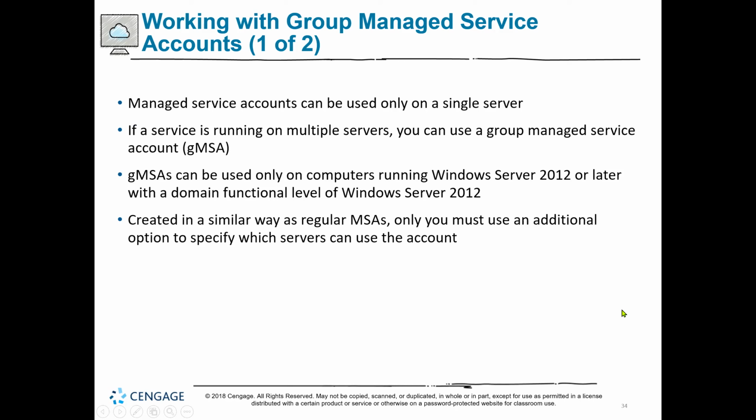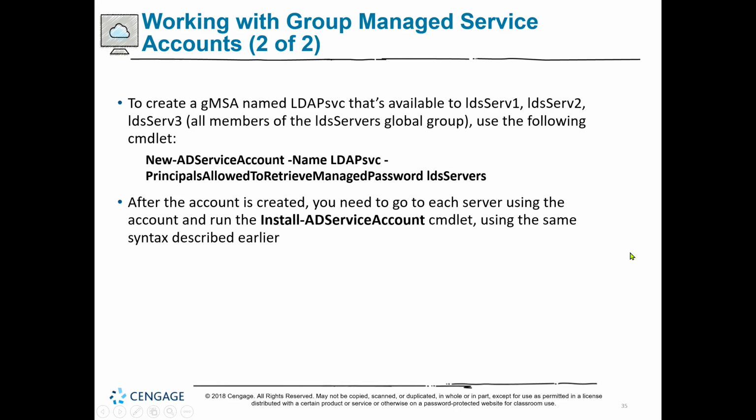Created in a similar way as a regular MSA, only you must use an additional option to specify which servers can use the account. To create a GMSA named LDAP SVC that's available to LDS Serve v1, LDS Serve v2, and so on, use the following cmdlet, and you can see right there, it'll give you those options.